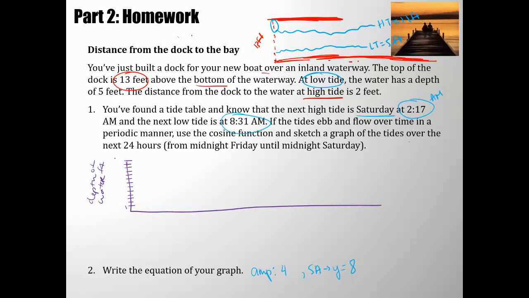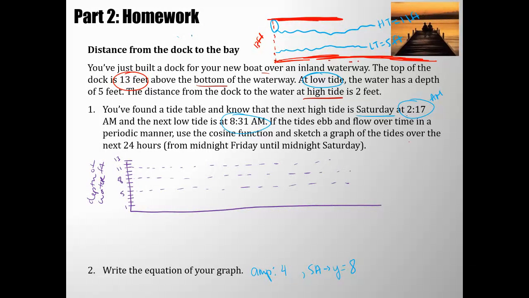This is 1, this is 13, this is 5, this is 8. So I just wrote down some key values. I know that 11 is the high tide and 5 is the low tide. 1, 2, 3, 4, 5. And 8 is the middle.